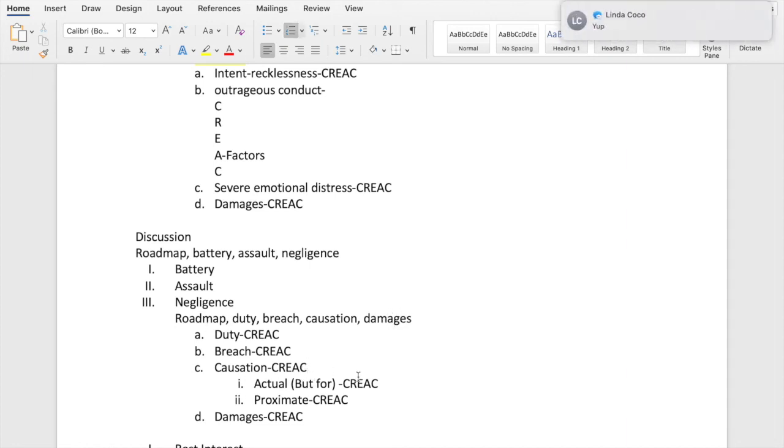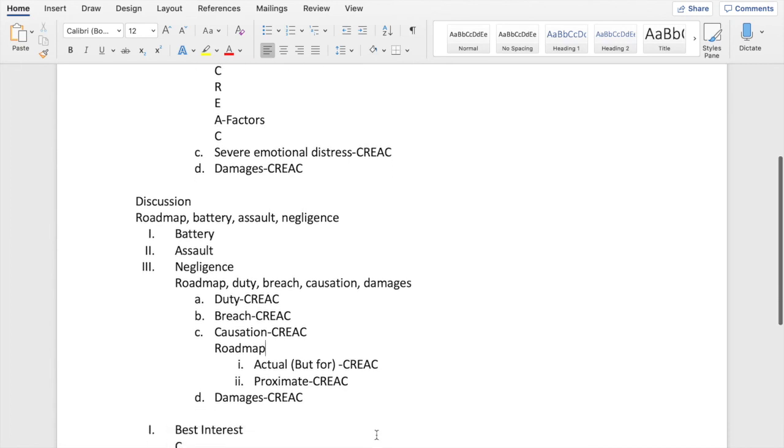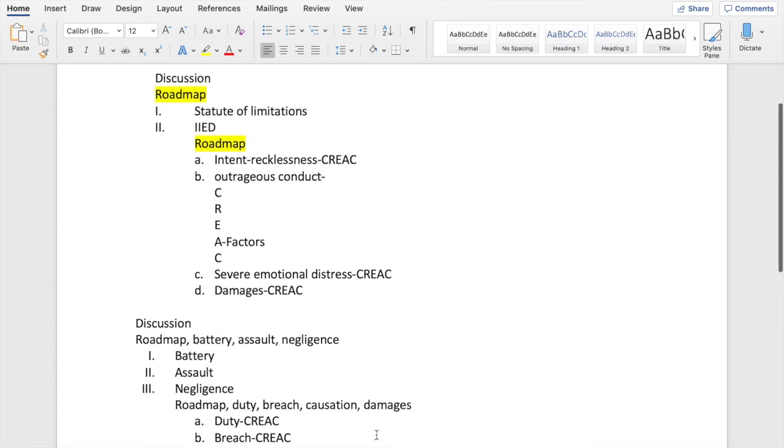And then since causation is further subdivided, we would have a roadmap right before those two subdivisions as well.